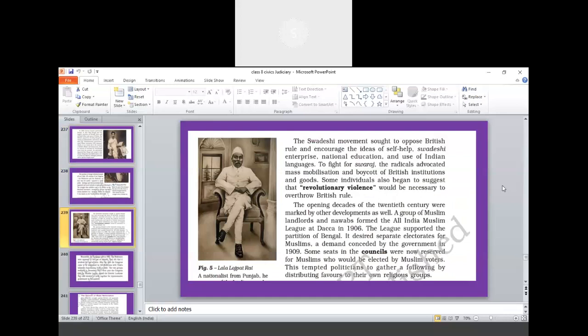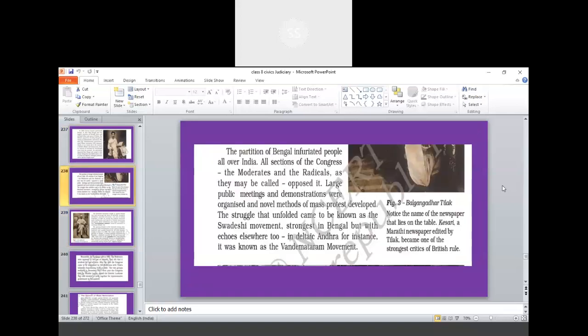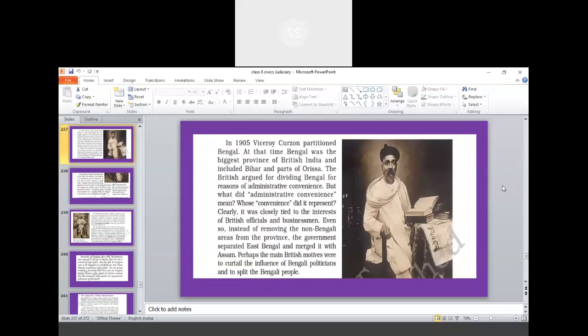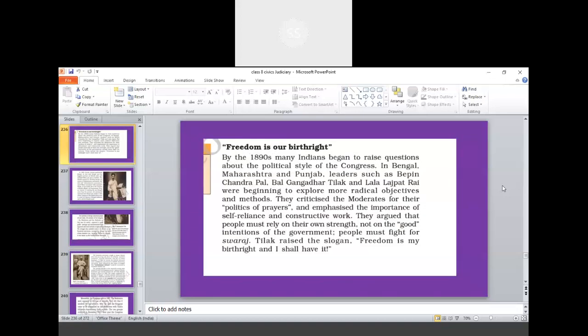Then the Swadeshi movement. Swadeshi means asking Indians to use only Indian goods. So the Swadeshi movement, the boycott movement, the Vernacular Press Act, all this was started by radical leaders.